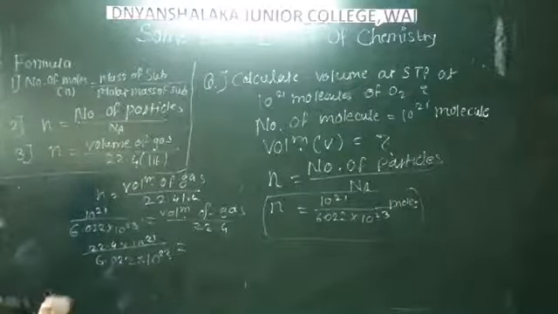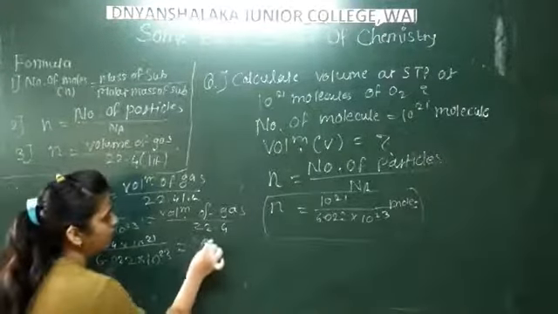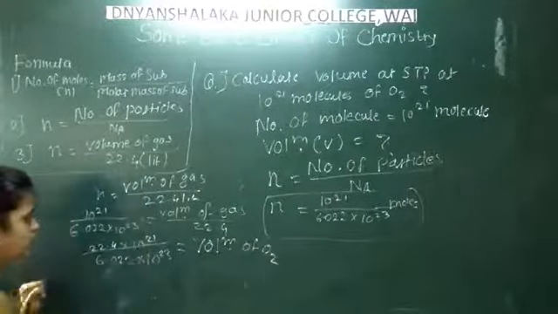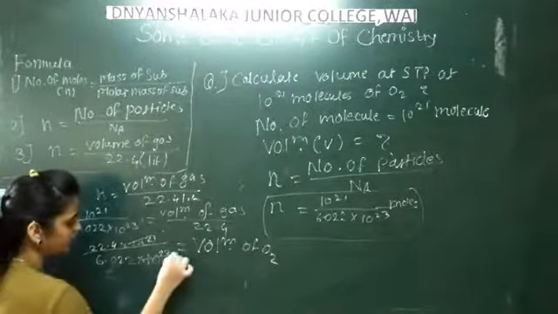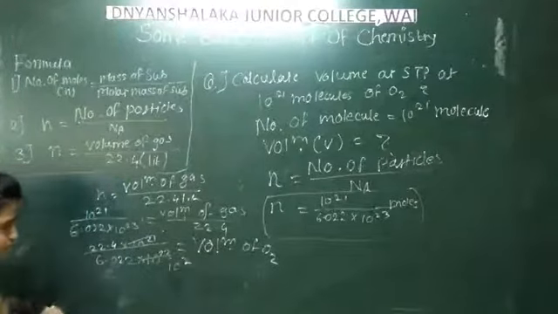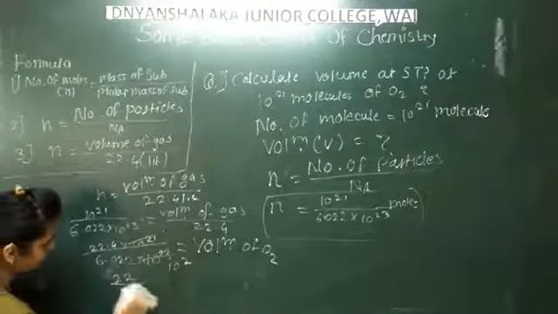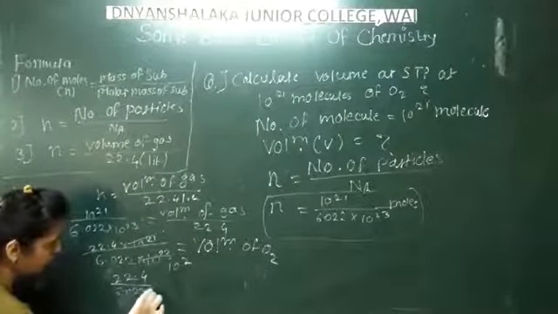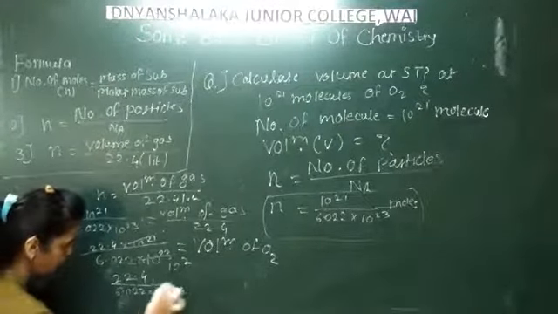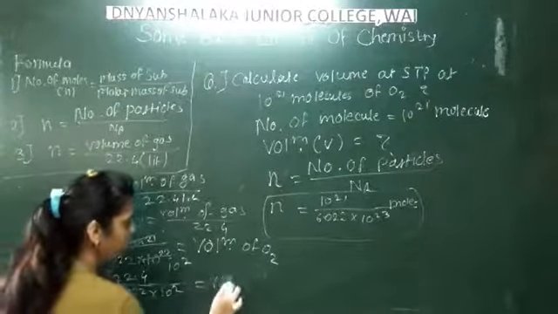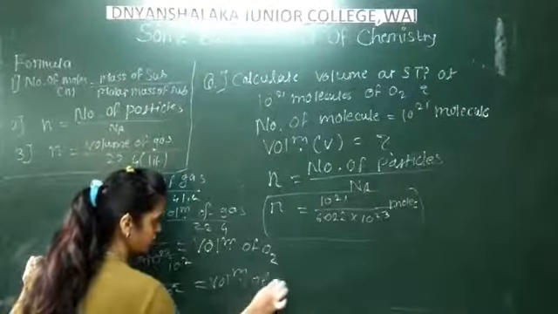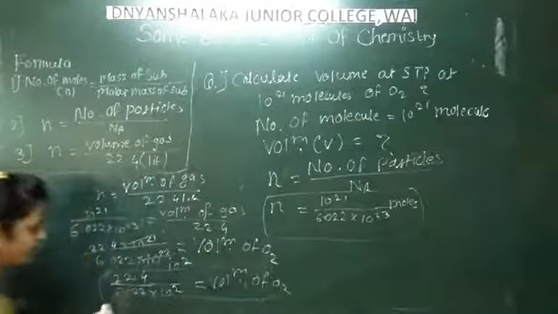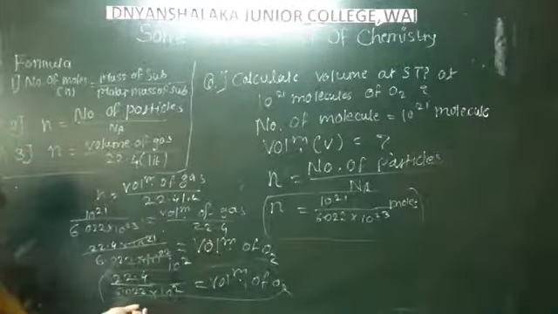On calculating this equation, we get the volume of oxygen. Dividing, we get 10⁻2, so 22.4 upon 6.022 into 10⁻2 is the volume of oxygen. Next, solve for the final answer of the volume of oxygen.